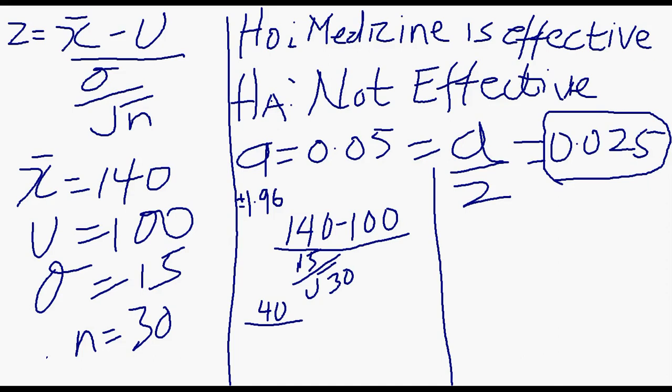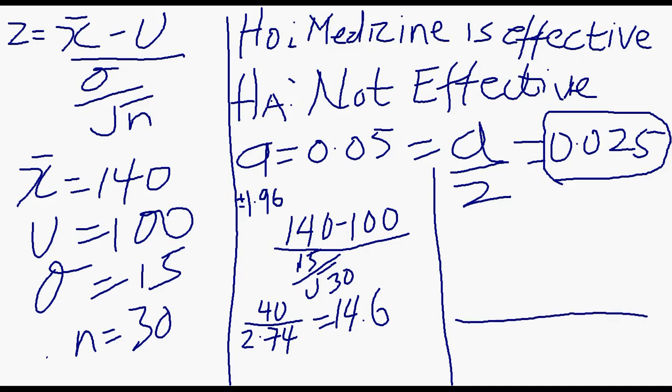So let's put this on the calculator. 40 all over 15, 30. So we are getting 14.6.